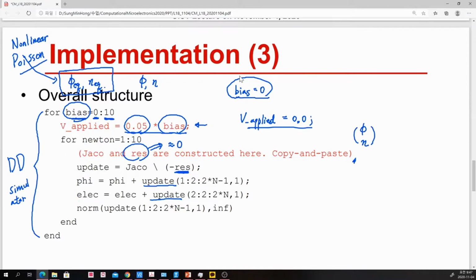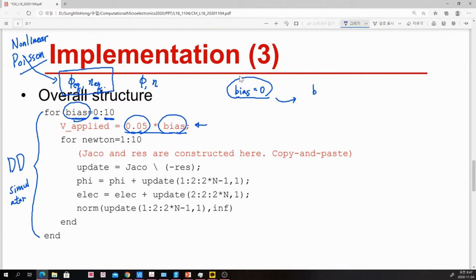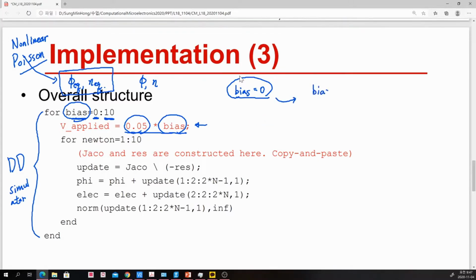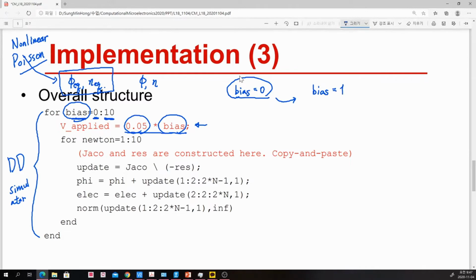So in this first round, your bias 0 will be immediately satisfied. Up to now we have talked about the bias equal to 0 case. If we go to bias equal to 1, then what will happen? Now here phi and elect will be the solution of bias 0.